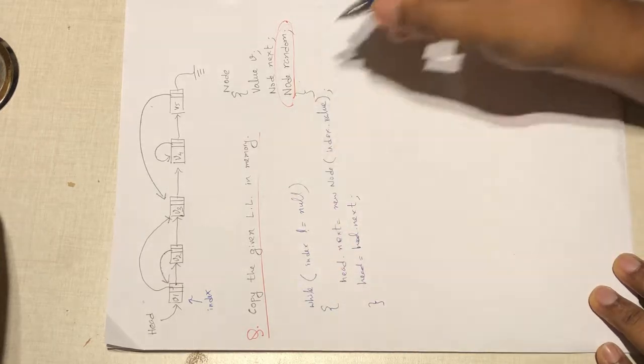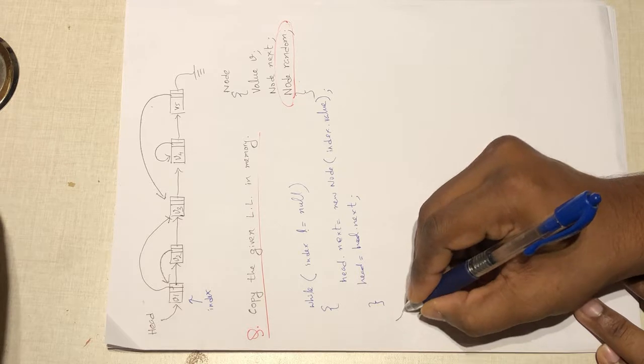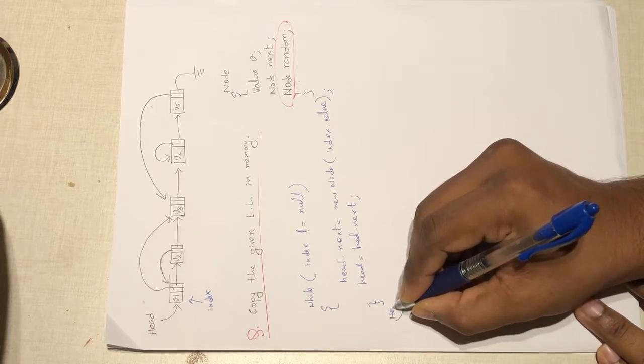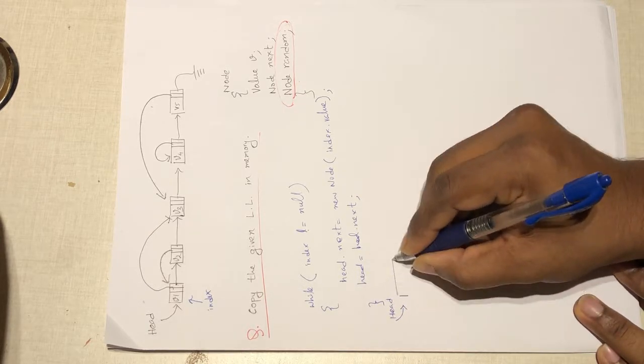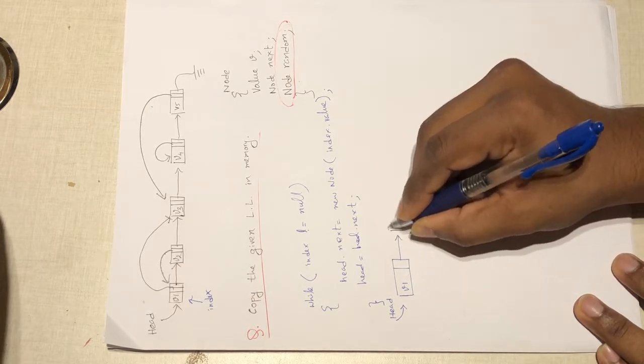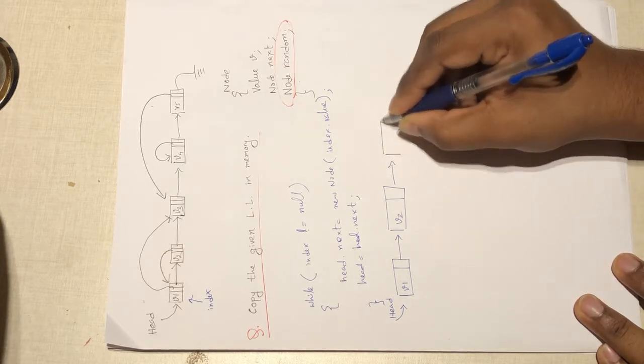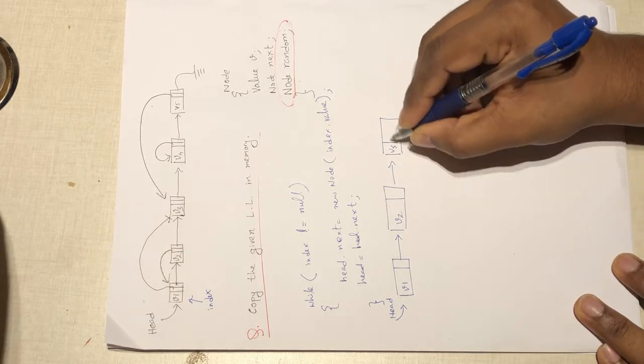So you go one by one, you create the list from left to right, and eventually you should have head, v1, v2, v3.